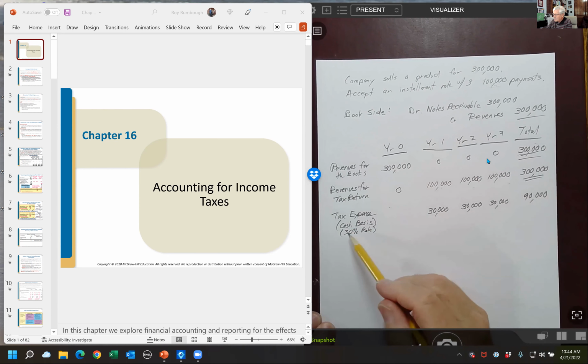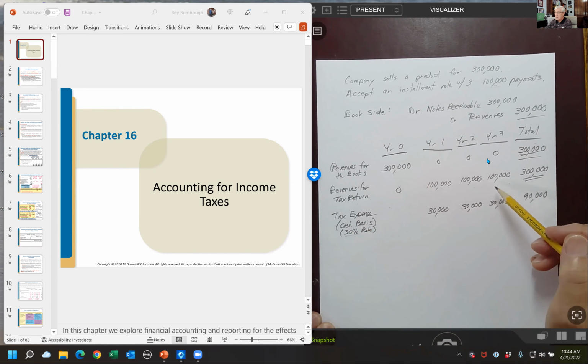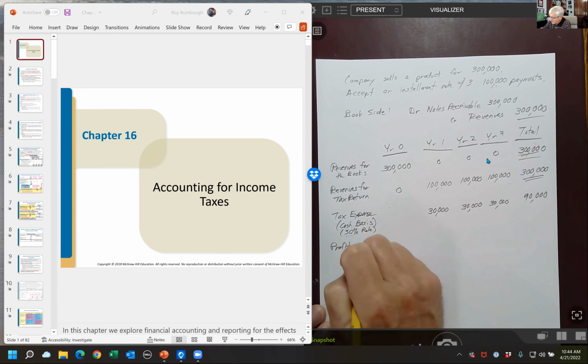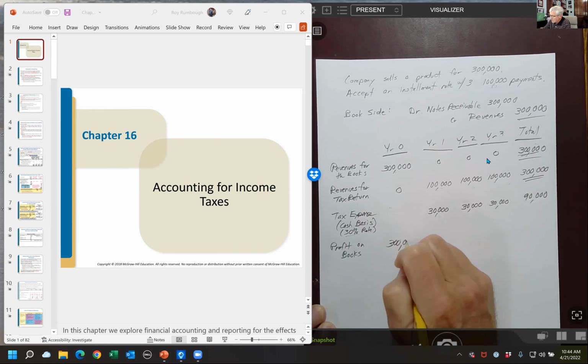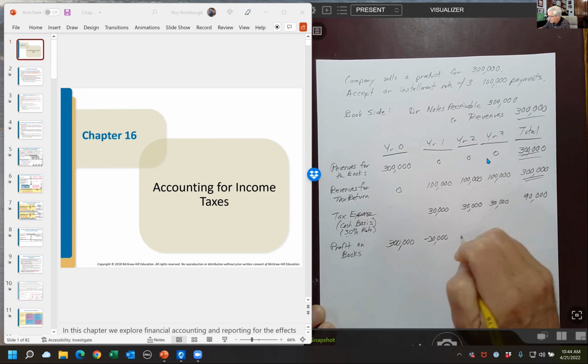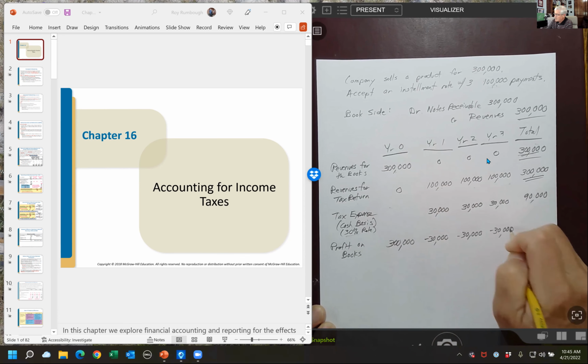And again, 30% rate. So here was the income in year one, year two. This is what was on the tax return, and we're going to have tax expense of $30,000. And let's say profit on the books, we'd have 300,000 here in year one, but then we would have a minus 30,000 in the future. We still end up at 210,000.